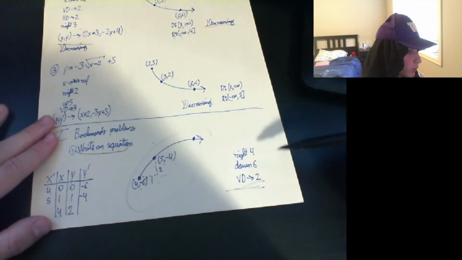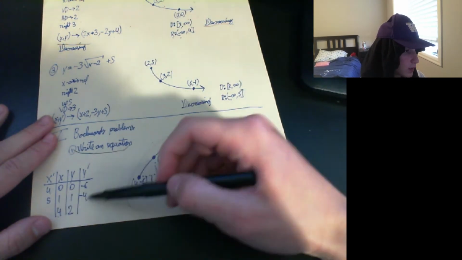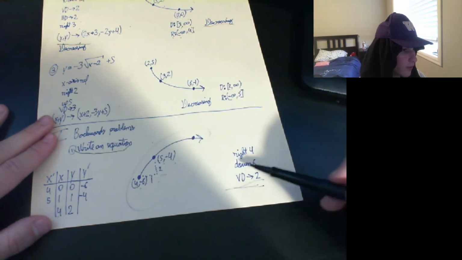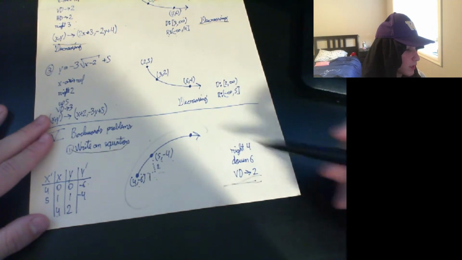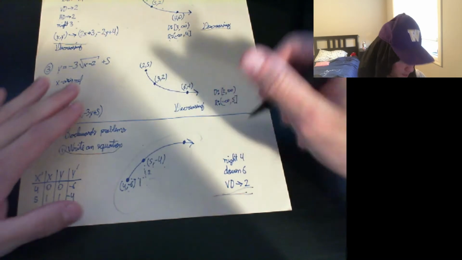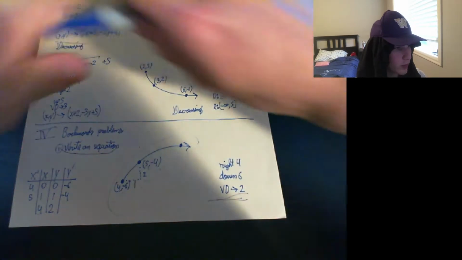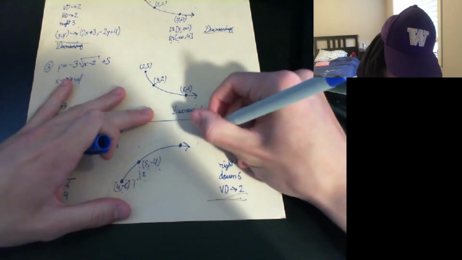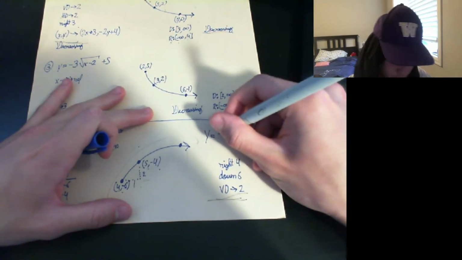Since our original point was (0, 0) and now it's (4, -6), we can say that it's going right 4 and down 6. Evaluating the second point proves that our vertical dilation is a factor of 2 and we're going down 6.